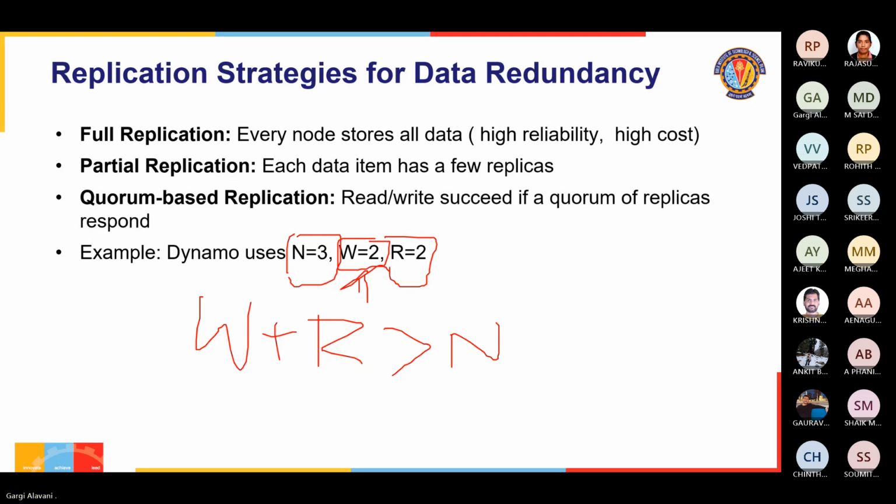Okay. So in summary, full replication gives you maximum reliability, but maximum cost as well. Partial replication is a trade-off between cost and reliability. Quorum based is flexible. It is tunable between consistency, availability, and performance.